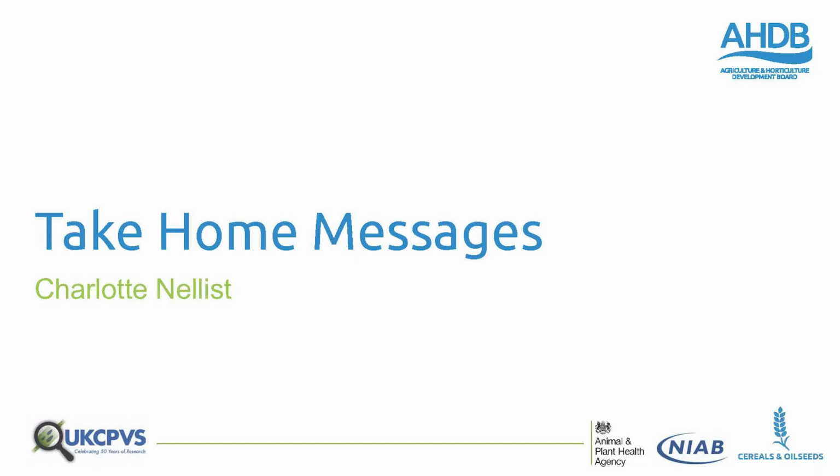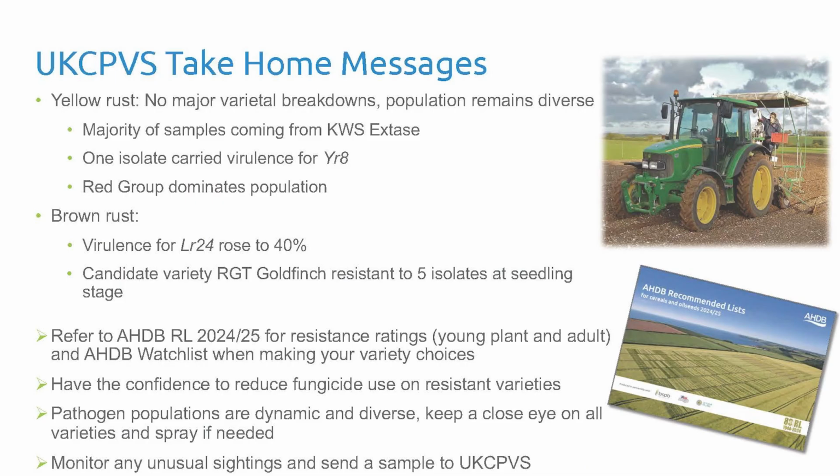So I just want to go over some overarching take-home messages. So for yellow rust, as Amelia has explained, we didn't see any major varietal breakdowns, but the population still remains diverse. We had the majority of samples coming in from KWX days into the survey in 2023, and one isolate carried virulence for YR8.